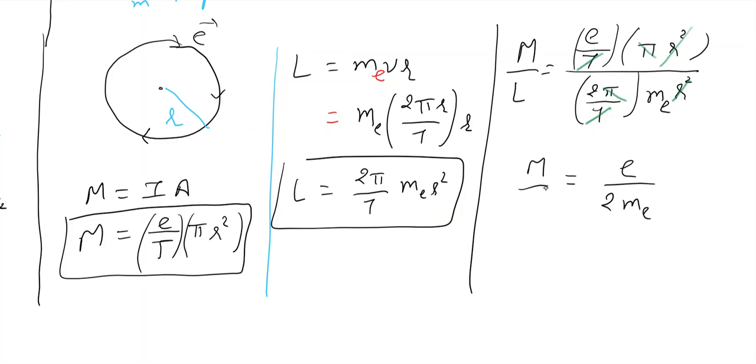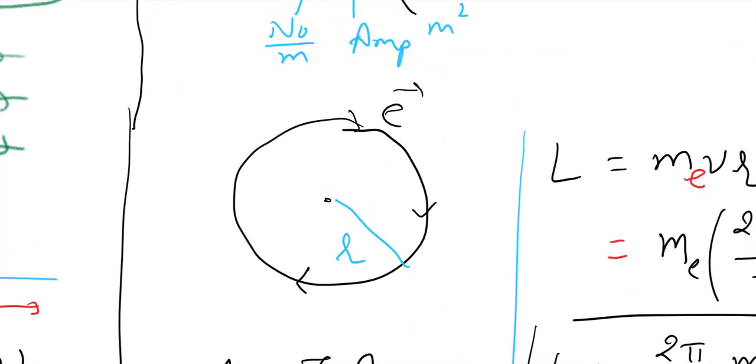What does it mean? This is a very important result in case of magnetism. What this result indicates is that if you take the ratio of magnetic dipole moment and angular momentum of an electron, the ratio is constant. Why is it important? Suppose you subject this electron to an external magnetic field.